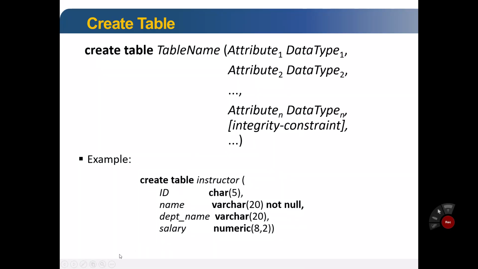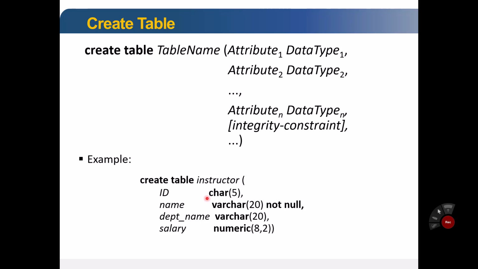So if you look at this example, create table and the table name, and inside the parentheses you list attribute names and their domains, their types, and they should be separated by commas. And if you do not want a null value for a specific attribute, you can put this non-null constraint after the data type.